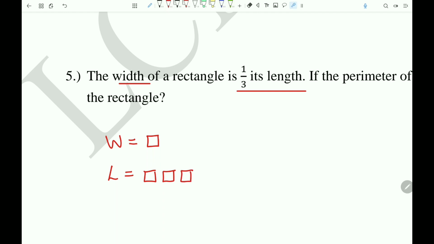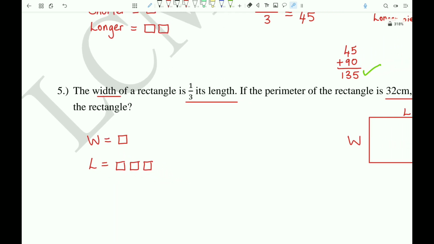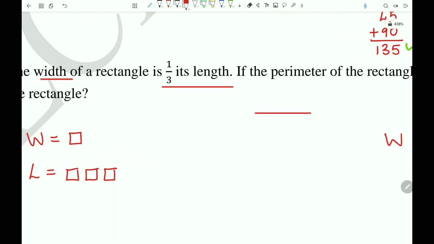So to imagine it with another number, let's say the width is 5, then the length will be 15, right? And it would still be true because the width would be 1/3 of the length, which is 1/3 of 15, which is 5. So that's a way to visualize it with numbers.